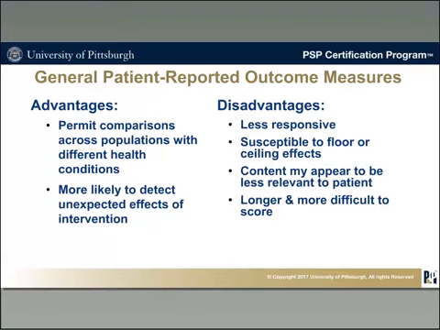The content may appear less relevant to the patient. So, for example, some of the questions on the VR-12 are, how often do you feel downhearted and blue, and so forth. And patients may question why you're asking them that type of question. They're also longer and more difficult to score.